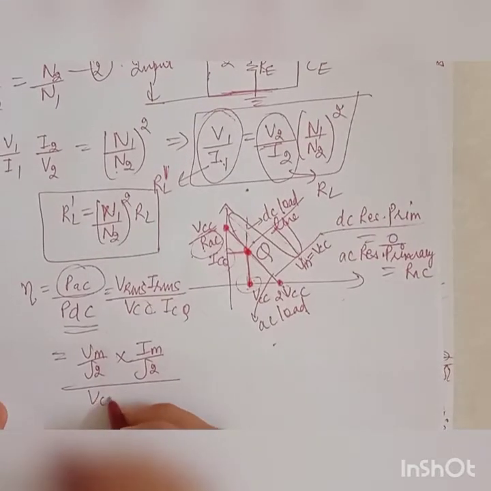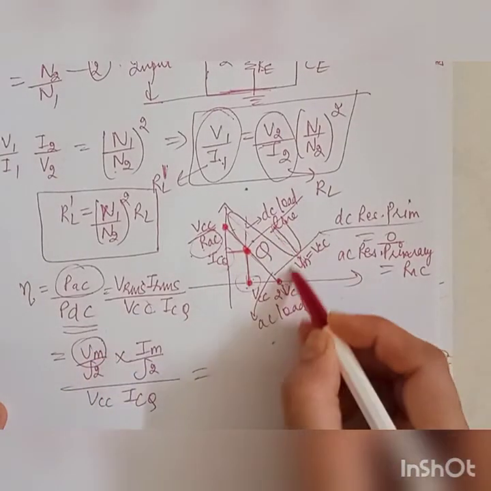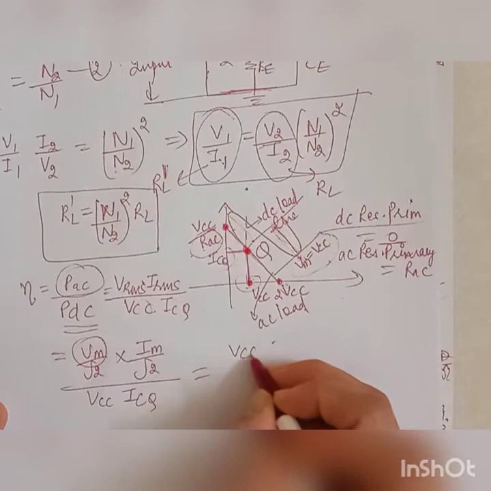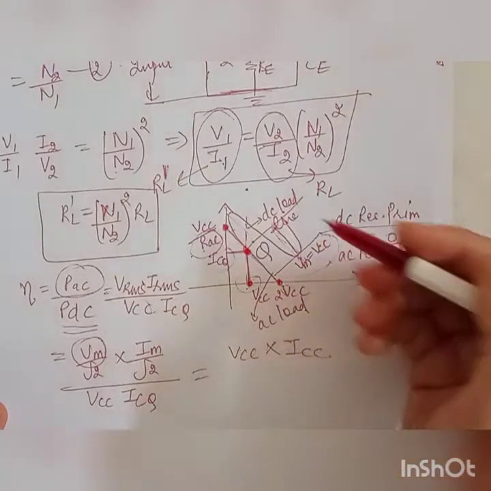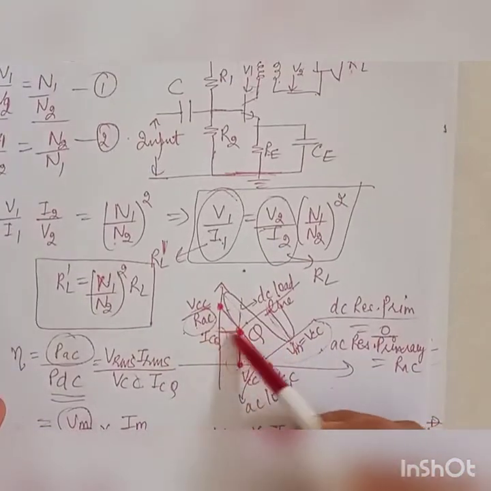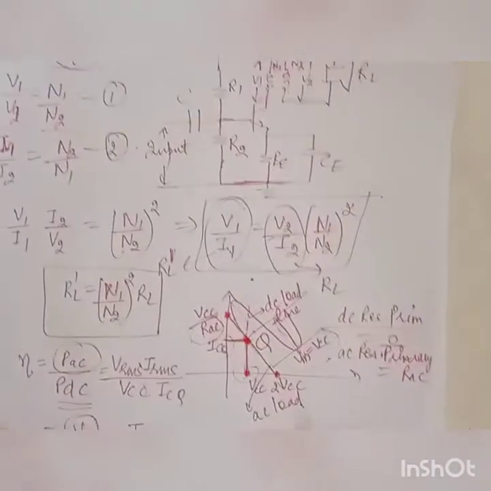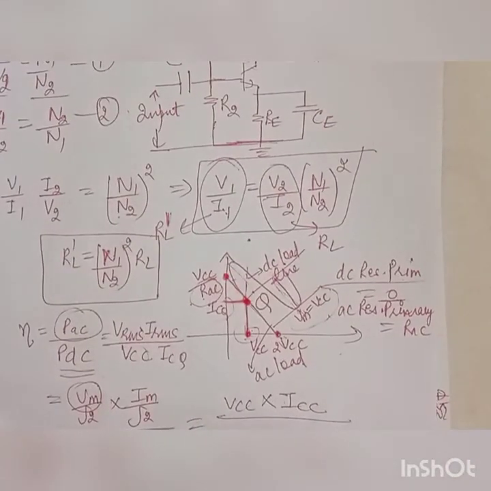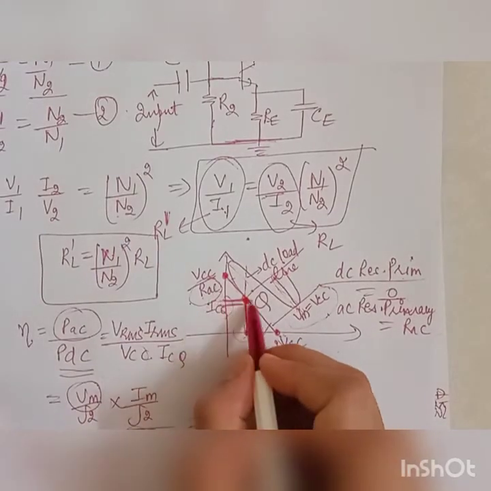This is divided by VCC into ICQ. Now Vm I can write as VCC, and Im as ICC. ICC means the maximum value of current which will be flowing here. So that is ICC divided by 2, and this is VCC, and this ICQ is nothing but the DC bias current or constant current flowing through it.